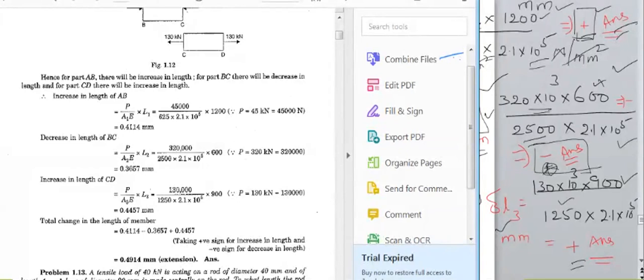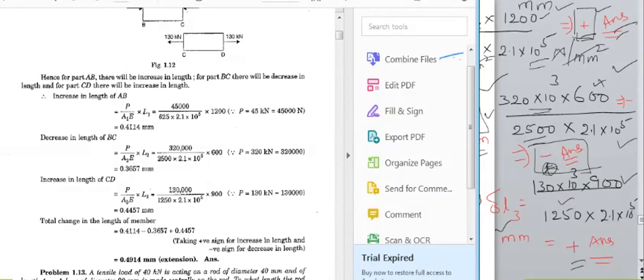The second portion, between B and C, is 0.3657 mm, a negative value. And the third portion is 0.4457, a positive value.